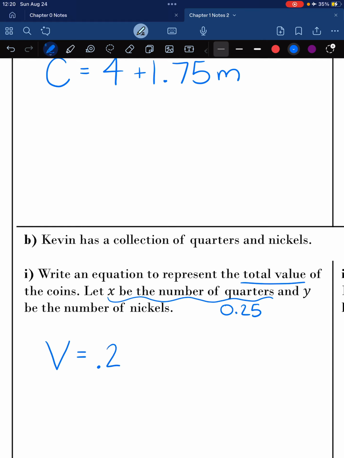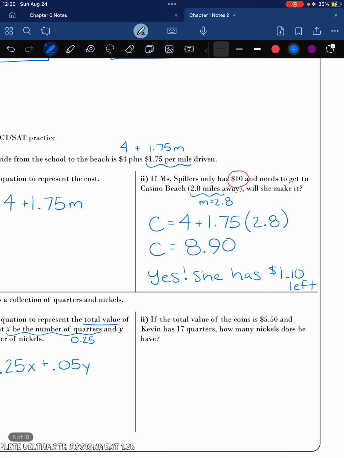So if X is the number, I'm going to have 0.25 times X. And I'm going to add that to the number of nickels, Y. So nickels are worth 5 cents each. Okay, and now I have my equation for the value.